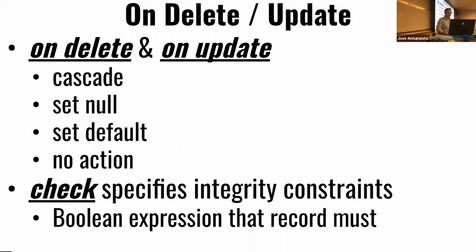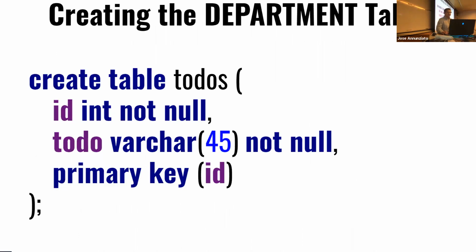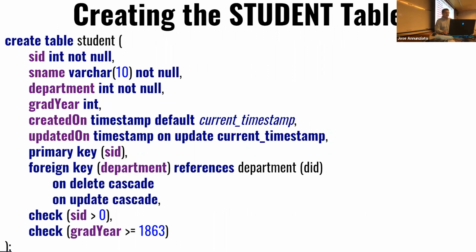Creating tables, on cascade deletes, primary keys, table students, creating a student table. Okay, I did this already. Oh yeah, so there are also checks. You can put all sorts of other validation rules. These foreign keys make sure that if you delete the parent, the child is not deleted as well.